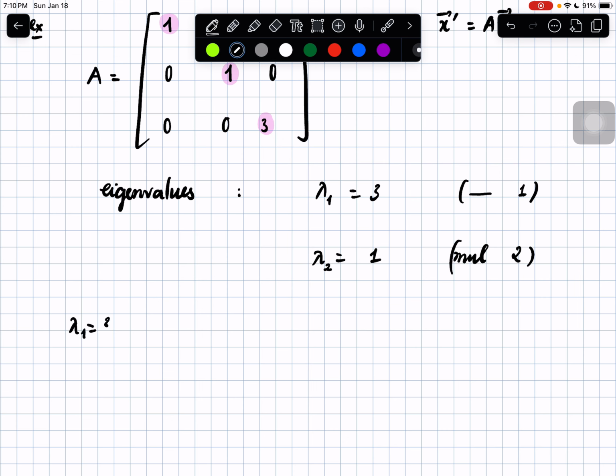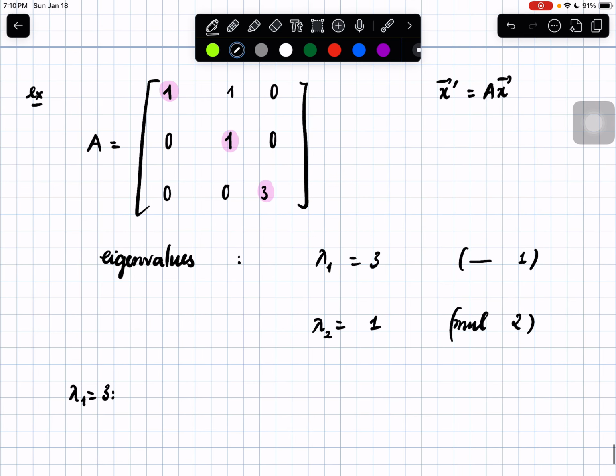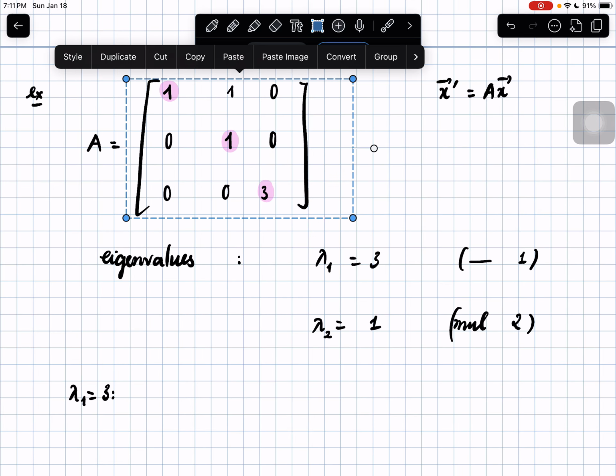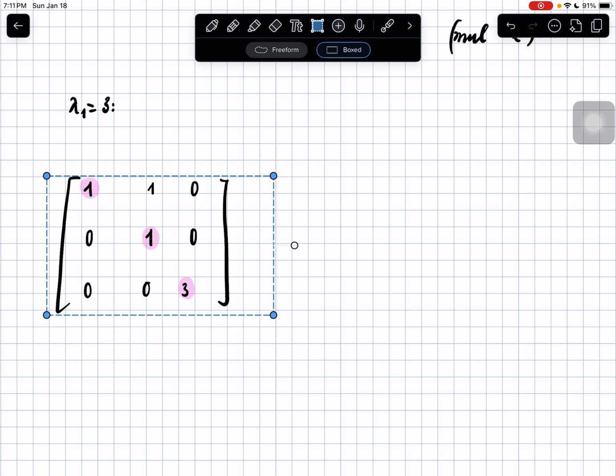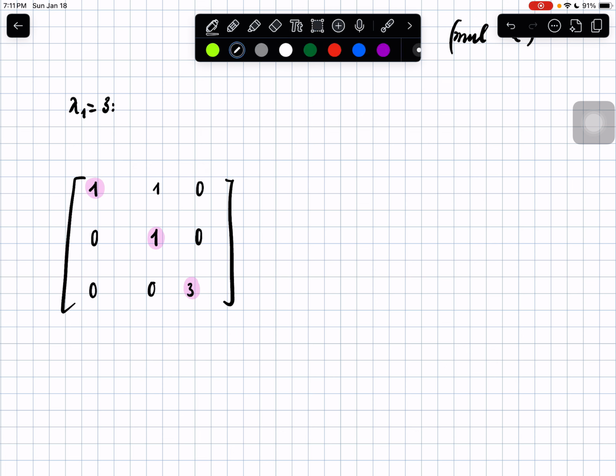Lambda 1 equal to 3. Now we need to find v. Minus 3, minus 3, minus 3. So what we are doing is A minus lambda 1 I times v1 equal to 0. We are trying to solve for v1.